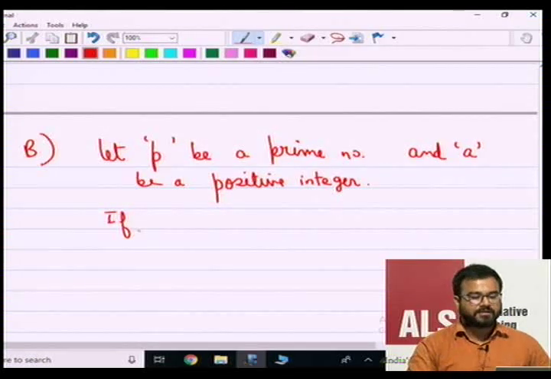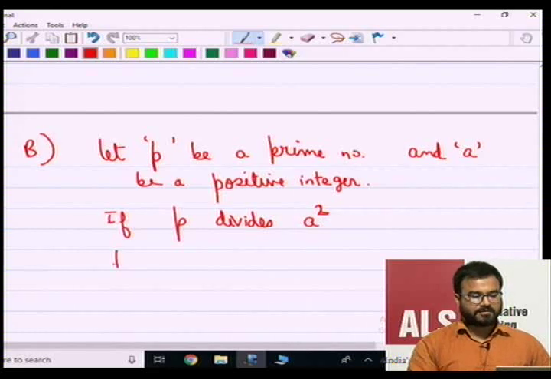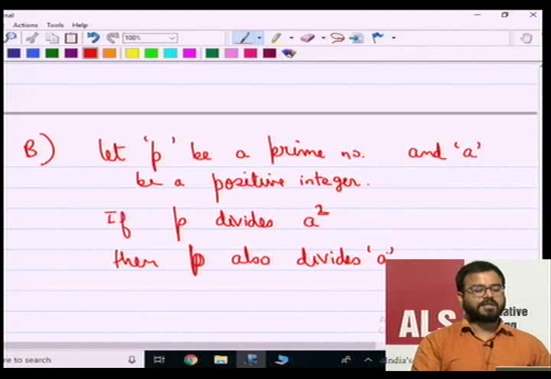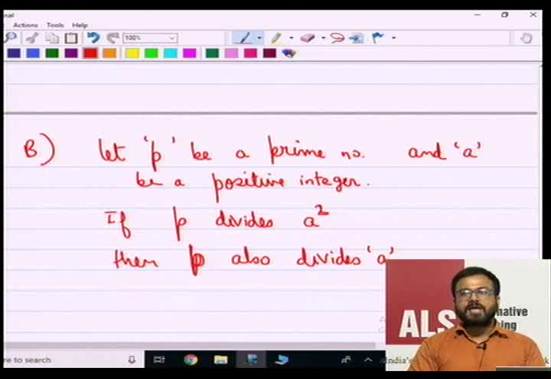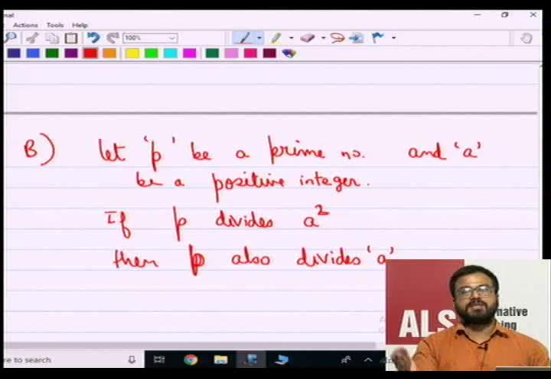If it is given that P divides A square, then P also divides A. That is the result of this. If P is a prime number and A is a positive integer, and P divides A square, then P also divides A.